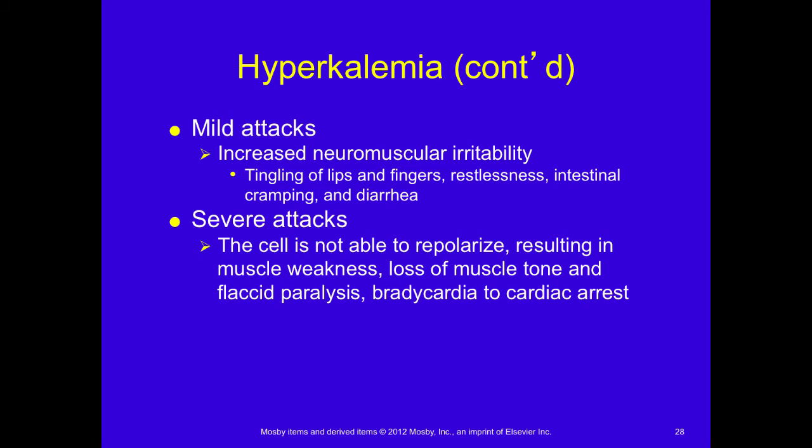It's that whole neuromuscular effect. When you're thinking about the heart, it is not going to be able to conduct appropriately. You could have rapid depolarization, as in very, very fast. Narrow, taller T waves.